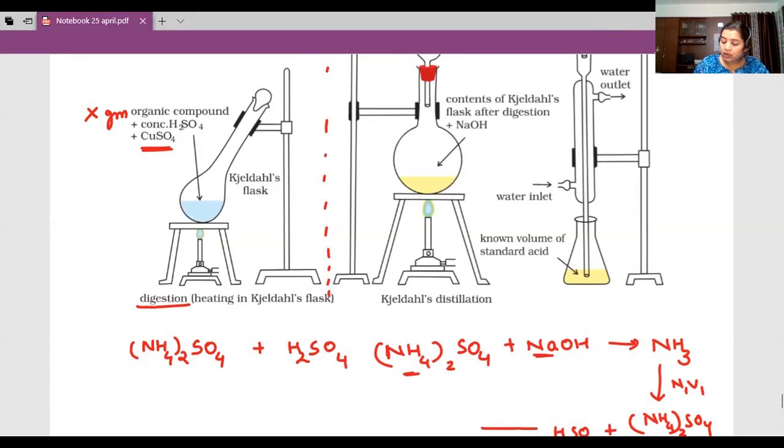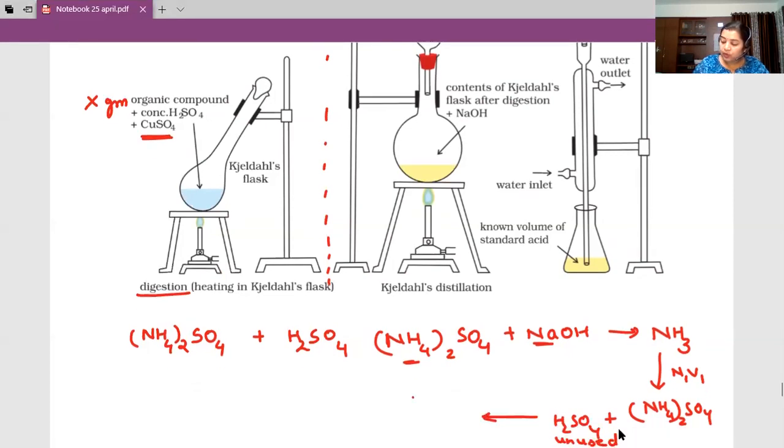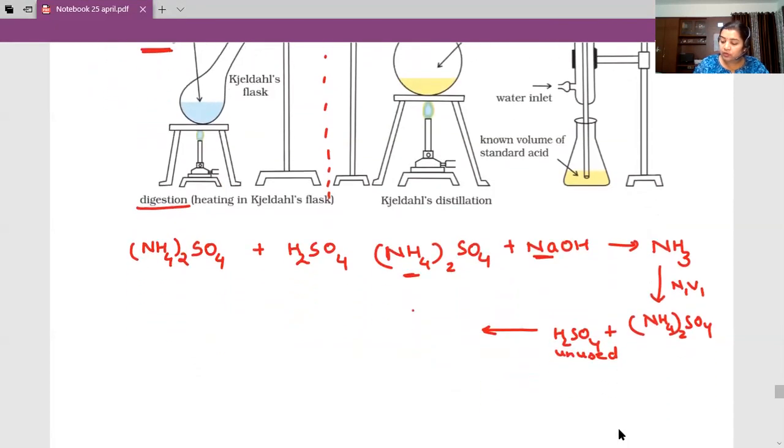So now again we will treat it in reverse. We will treat it with NaOH.